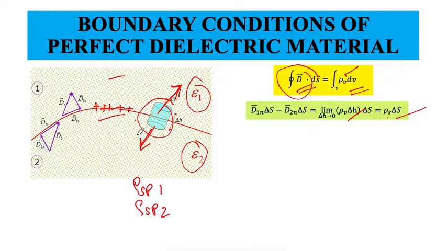Now if I take delta H approaching 0, what will happen to the right side?